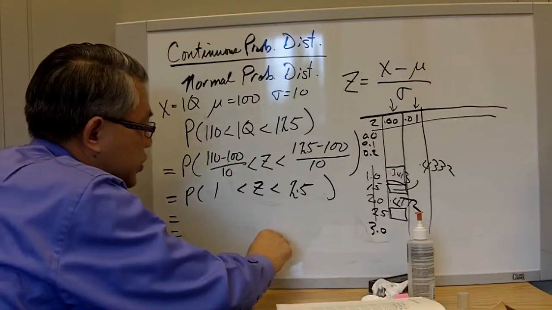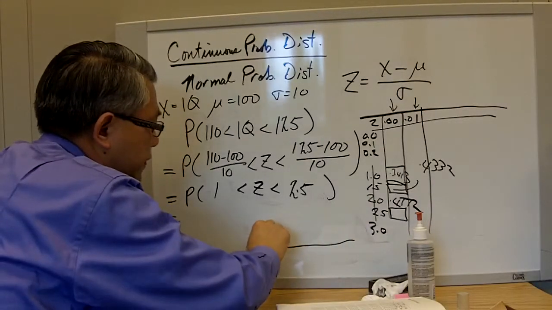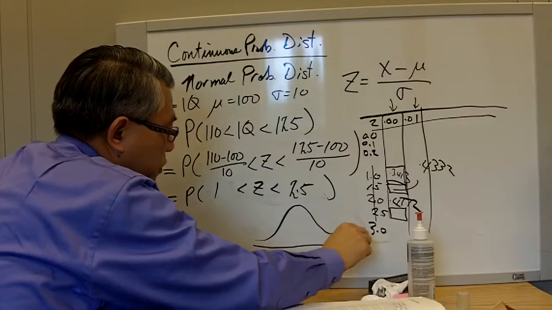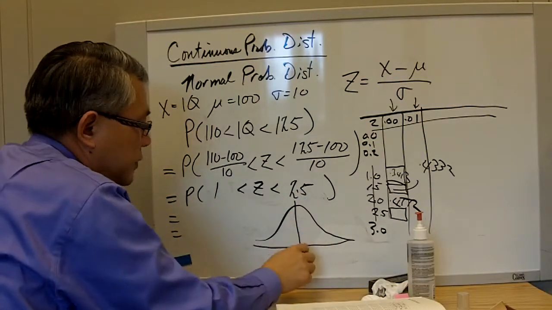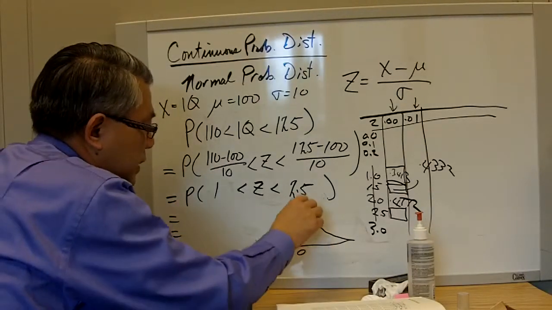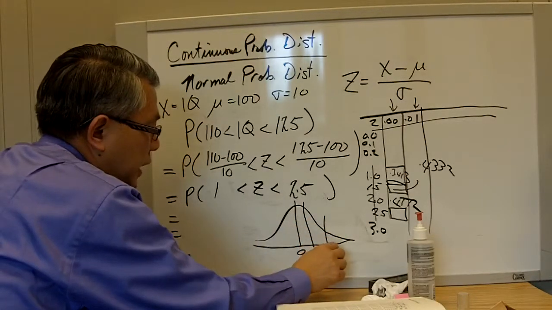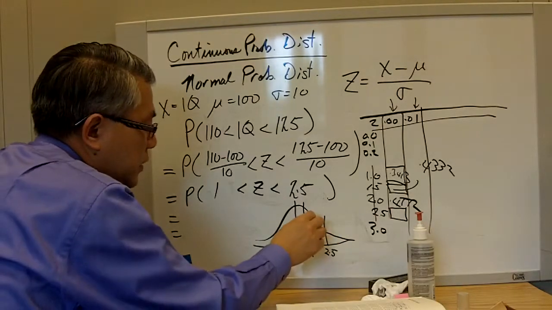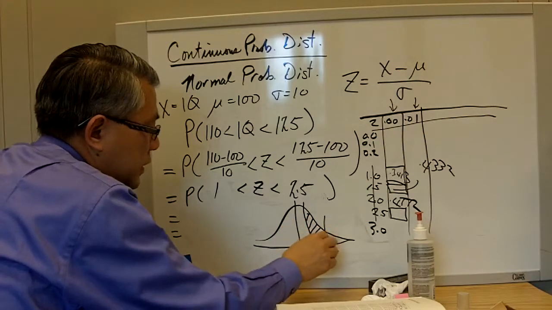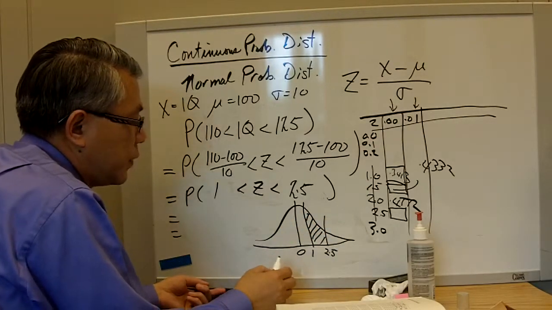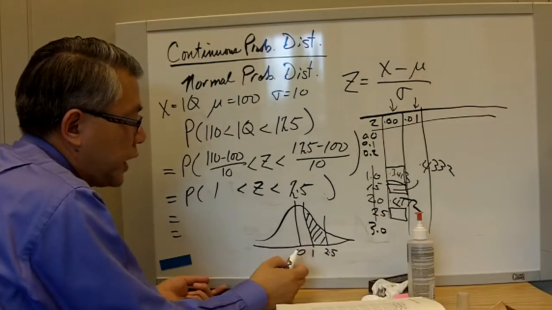So if we quickly sketch something, I wish I had a bigger whiteboard, but bear with me. So 0, and then 1, and then 2.5. Basically the area under the curve is right here, and we're no longer adding the two areas together.